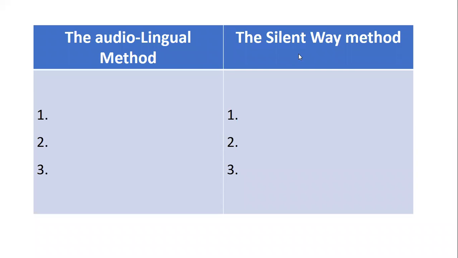The silent way is the learner doing the activities in his own way, and you are only the guide. You see, oh yes, you have an error, we are going to correct that, and do it in your way, only you. All right, thank you so much.